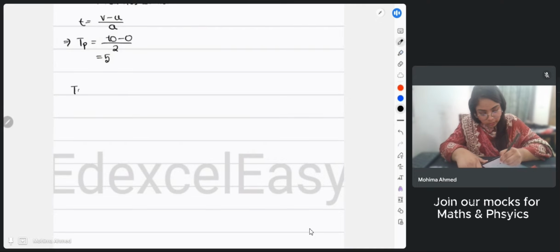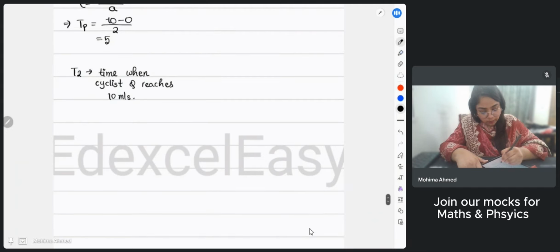I represented that as T2, the time when Q reaches ten meters per second, which will again be T equals V minus U divided by acceleration. So this is T2.